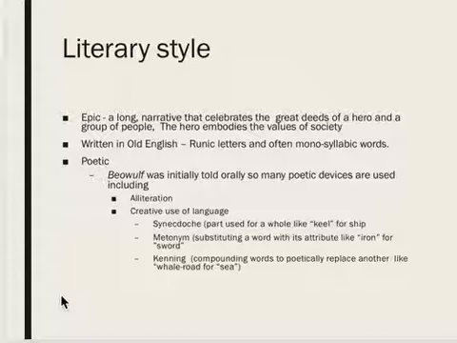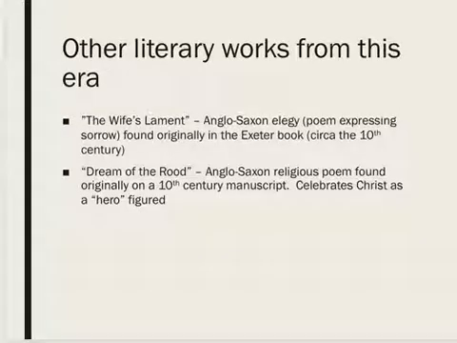You'll also see metonymy, which is substituting a word with its attribute, like you would use the word iron for sword. And then also kenning, which is when you combine or create compound words to poetically replace another, like you would say railroad for sea. So you will see these various language styles throughout Beowulf and the writing of the Anglo-Saxons.